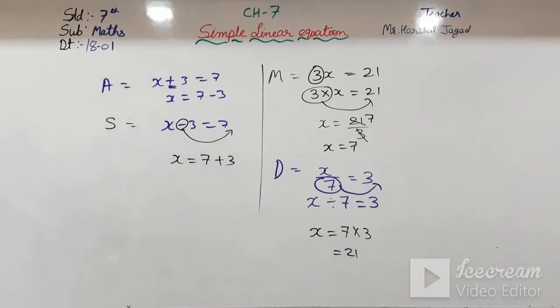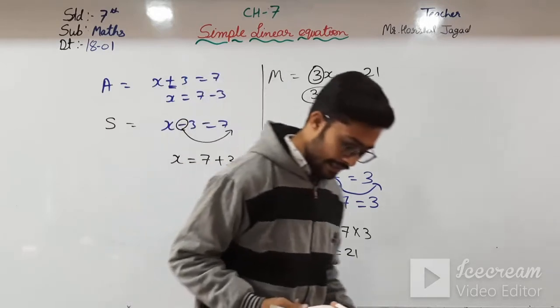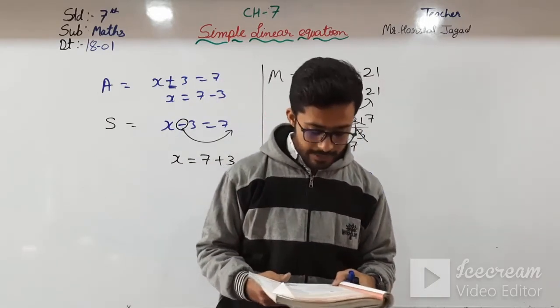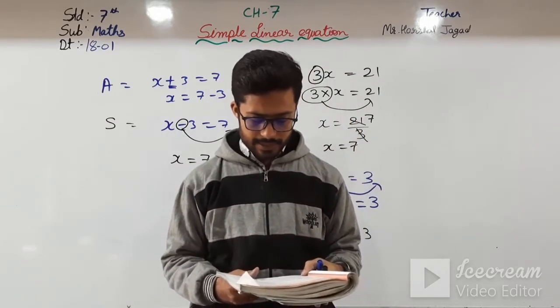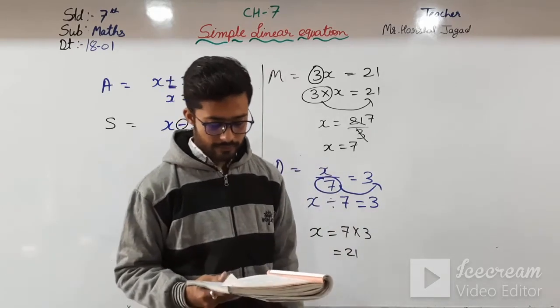And moving further, you can see here examples aren't given, but the text is given. I am just reading that. Here x is an unknown quantity and it is referred to as a variable.